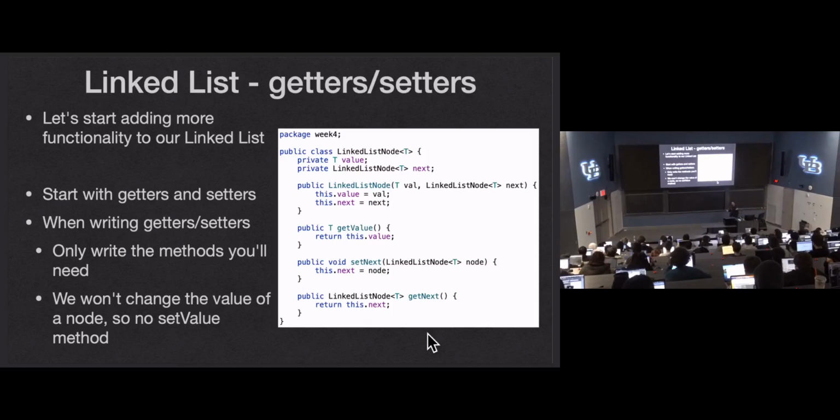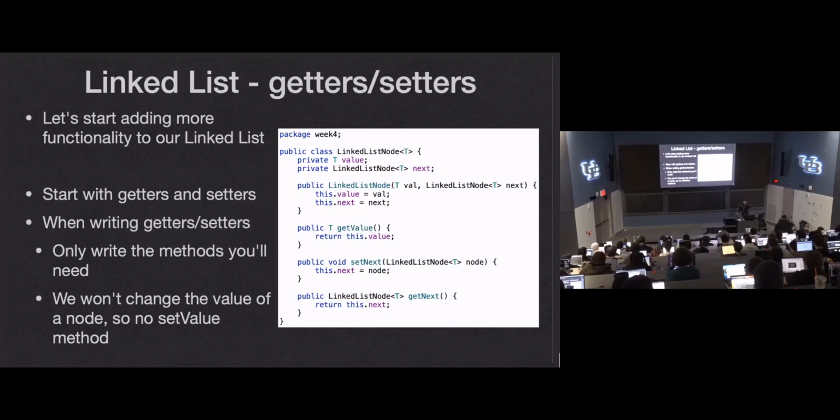When we use getters and setters from here forward and in the real world, you only write the getters and setters that you're going to use and that you're going to need. So in this case, I don't want anybody to set the value of a node, so I'm just not going to write that setter. A notable omission here is setValue. It's not existing in my getters and setters because I don't want that functionality.